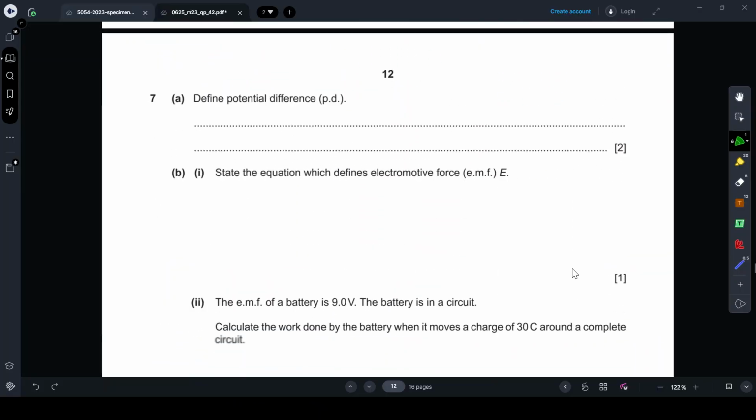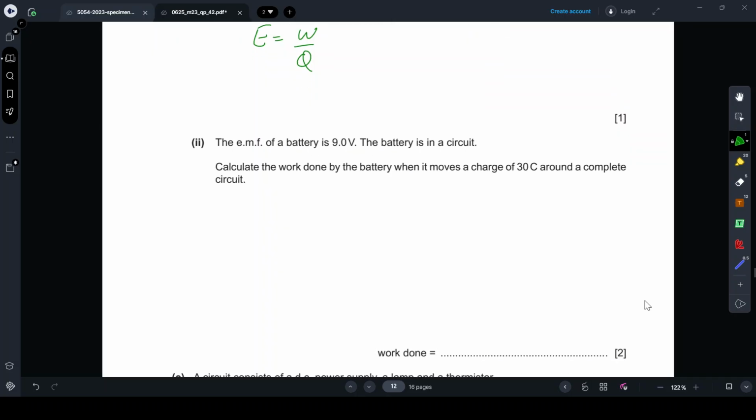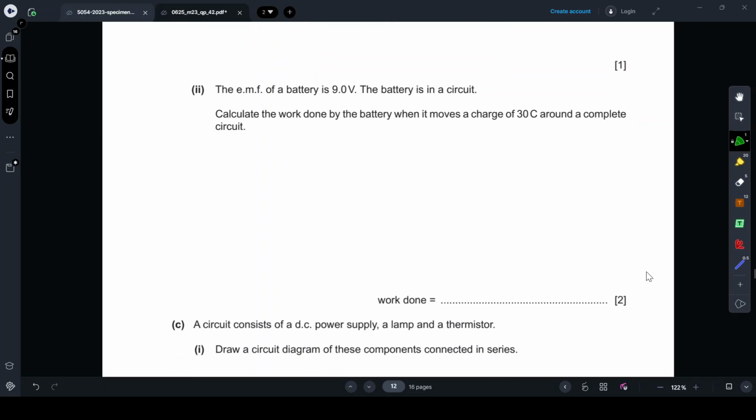Okay. Define potential difference. From memory, I'll leave that. State the equation which defines electromotive force. That's work done per unit charge. Again, that's from memory. The EMF of a battery is 9 volts. The battery is in a circuit. Calculate the work done by the battery when it moves a charge of 30 coulombs around the circuit.